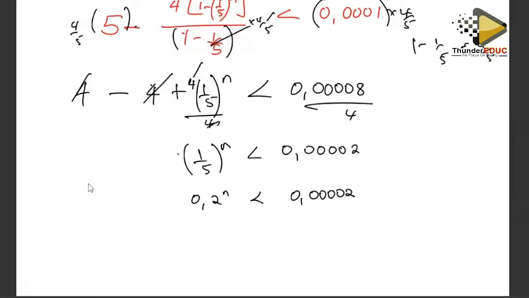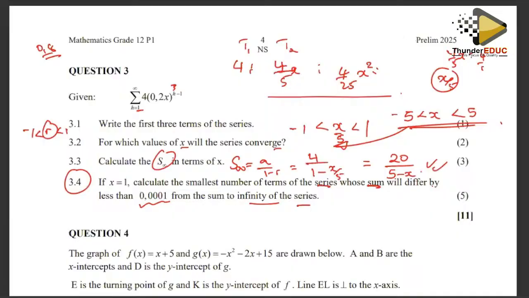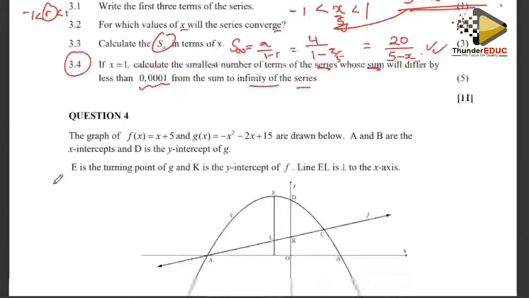Then we can use logs. n log of 0.2 is equal to the log of that, and then you divide both sides by log 0.2. So n should be greater than 7 for us to get a smaller difference. All right, so that is that.